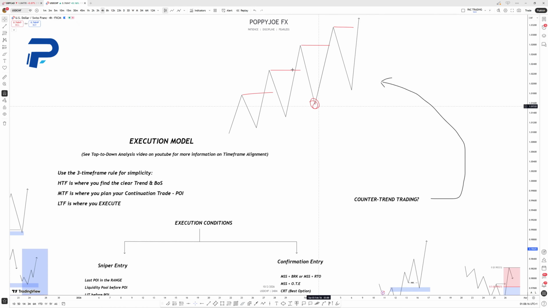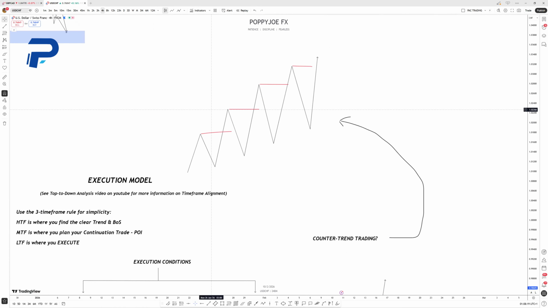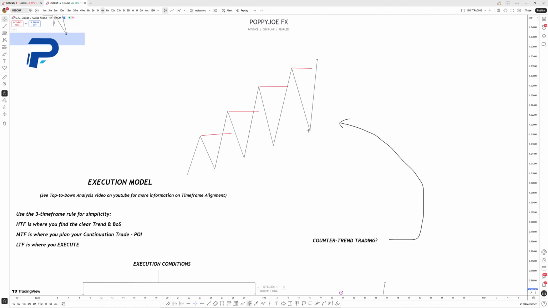You don't really have to catch all the moves per se. Or let's assume you're trying to catch another one. For example, let's say this is a BOS and you're trying to catch another entry around here, and that one now fails because price is about to change. But because your trigger is BOS, you apply the rules accordingly, which say once I see a BOS, I look for entry.